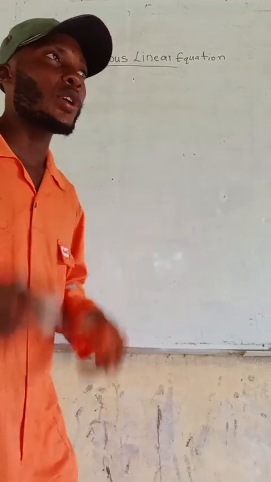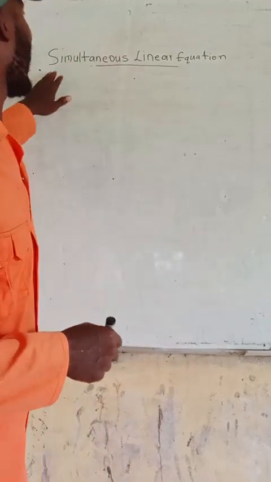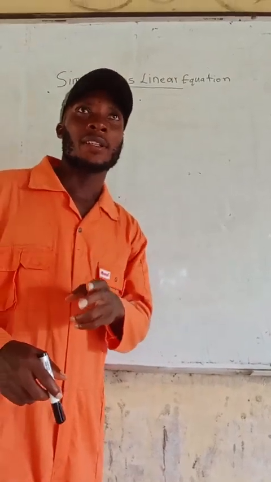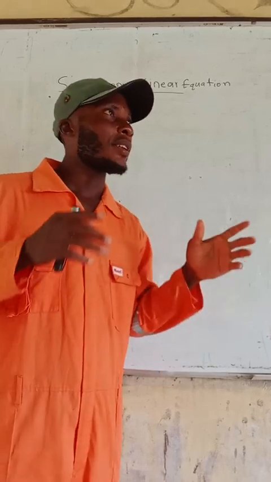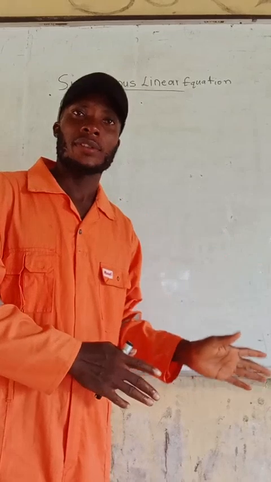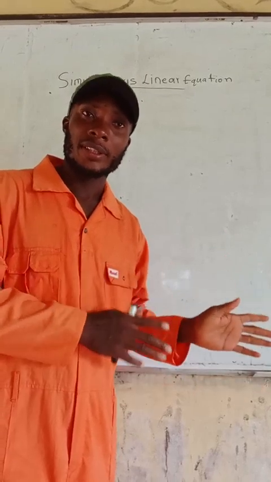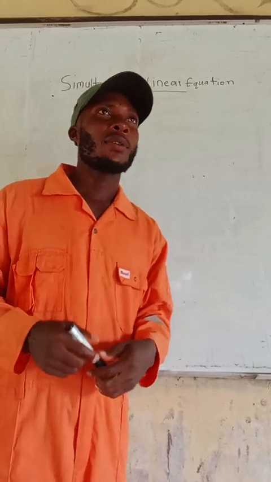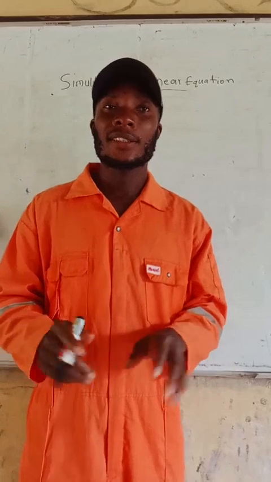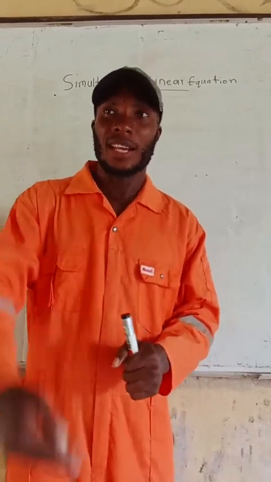Now today we'll be talking about simultaneous linear equation. Again, I'm going to break down simultaneous linear equation for you in this class. So the word simultaneous means at the same time.